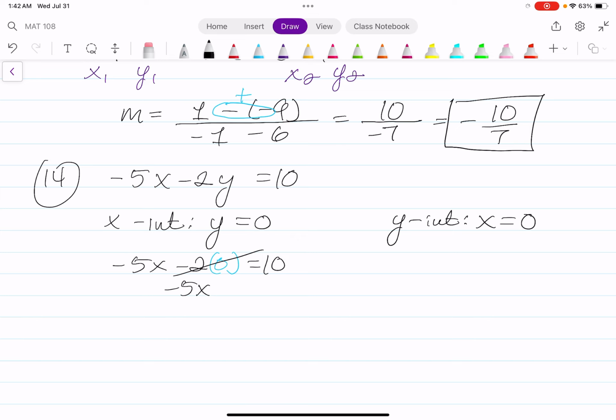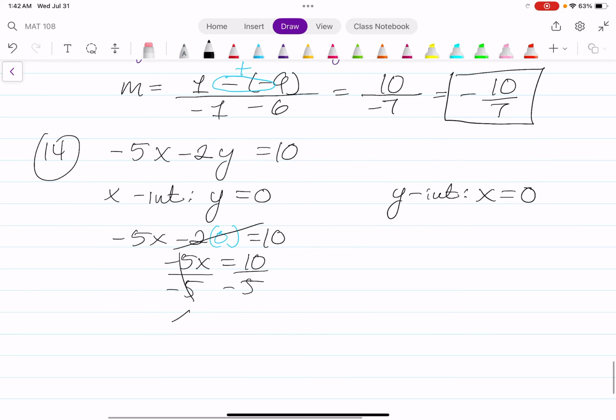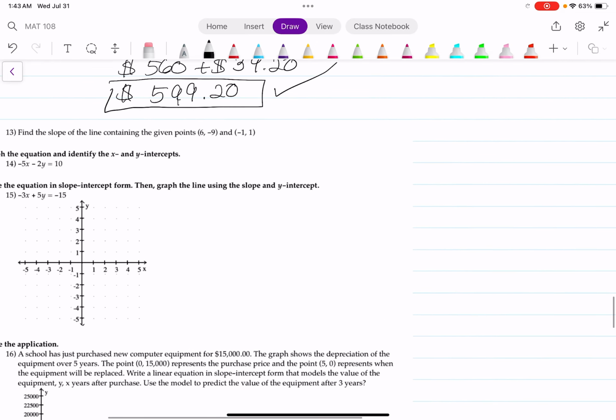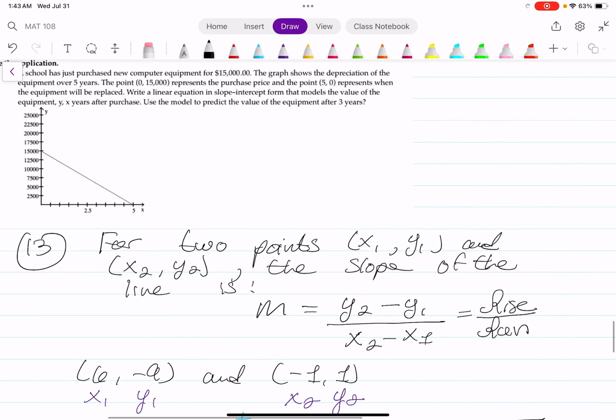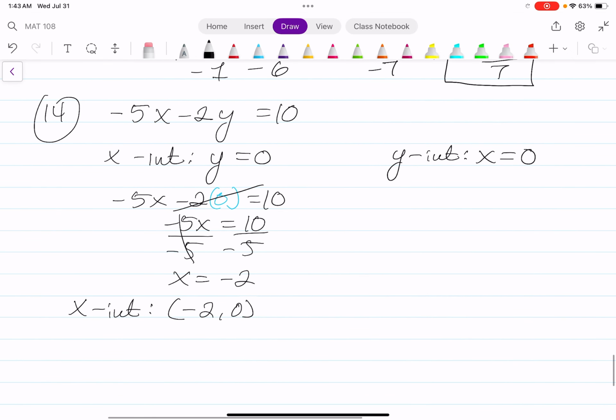Negative 5x equals 10. Divide both sides by negative 5. X equals negative 2. So that means the x-intercept is the coordinate negative 2, comma 0. Y is 0, x is negative 2. That satisfies the equation, so that is good.